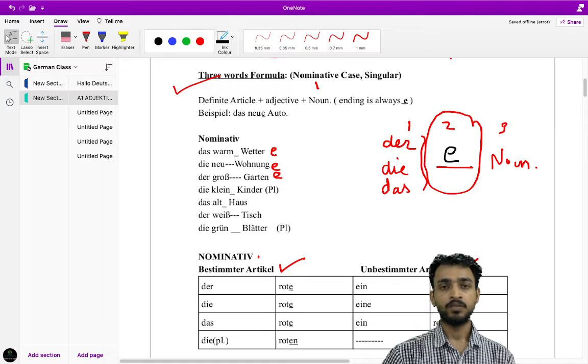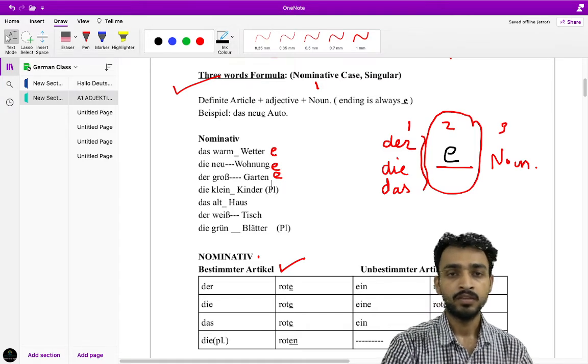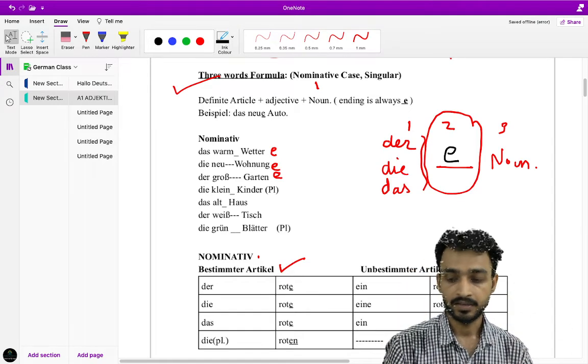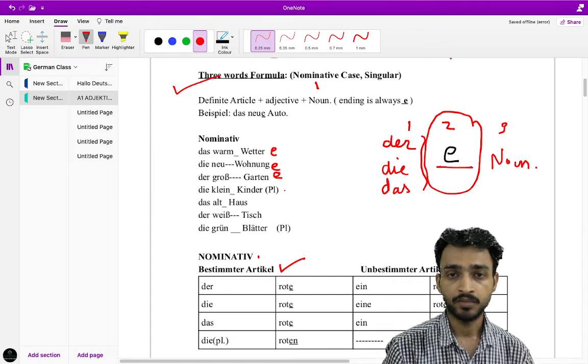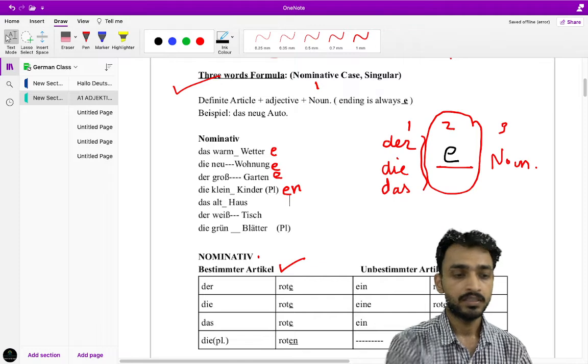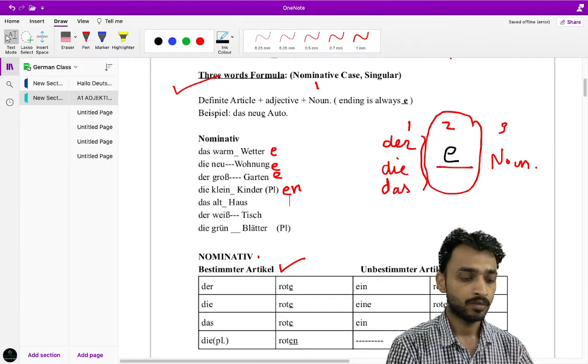Similarly, you can see the plural form: die kleinen Kinder. Children is plural. So it is kleinen Kinder, because the plural ending is en. This is different. With plural, the ending is en. Remember, the adjective ending is en only with the plural case.